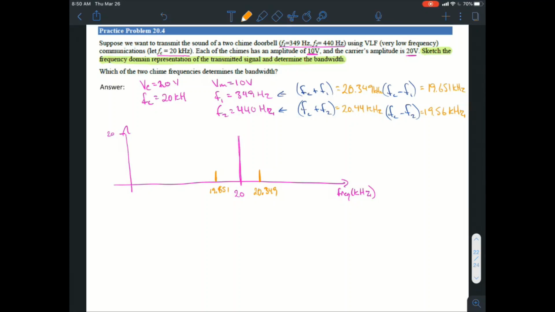So then we're going to go ahead and plot the f sub 2 components in green, and again they're going to be the same height, and we're going to say that that is 20.44 kilohertz, and we have one over here, and that is 19.56 kilohertz.